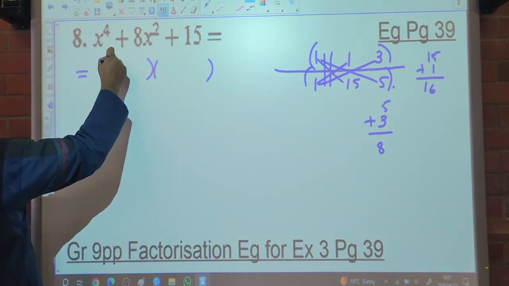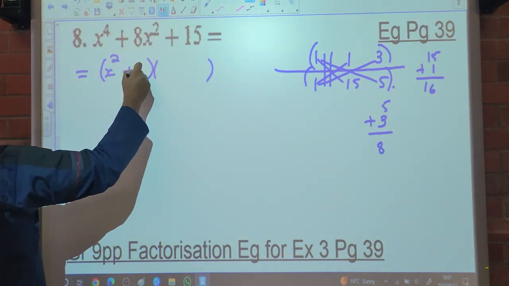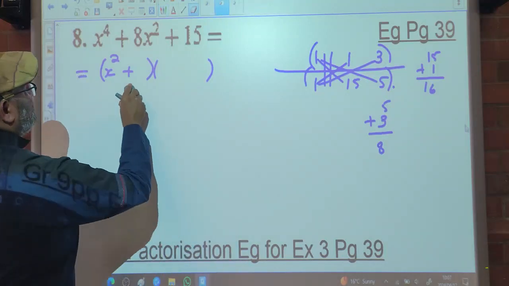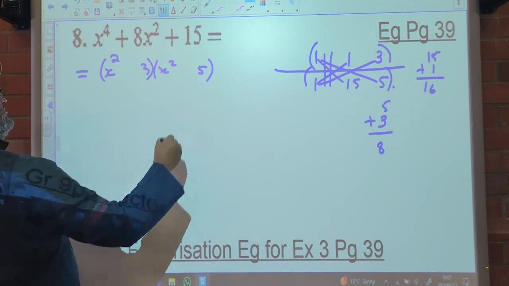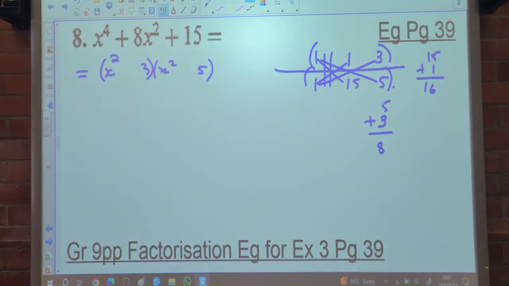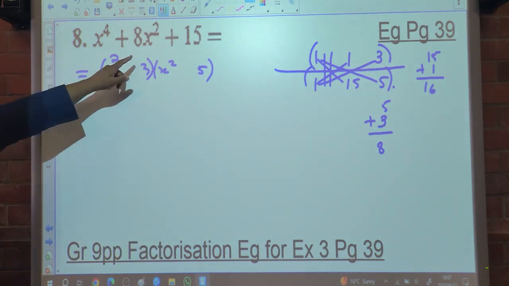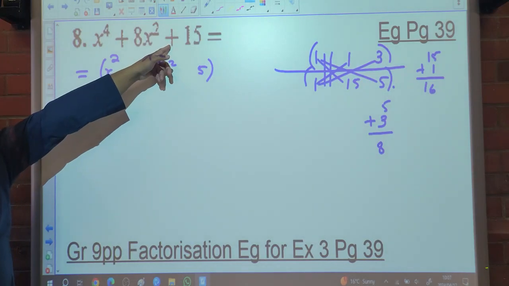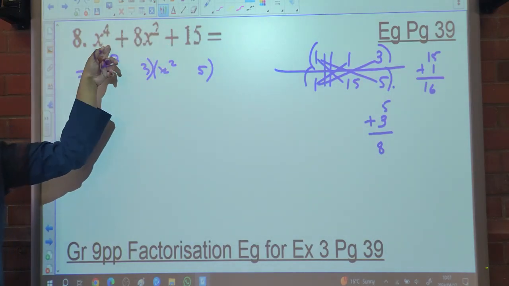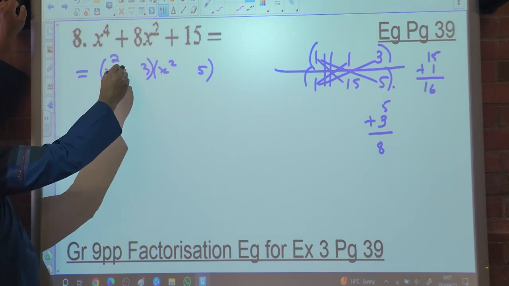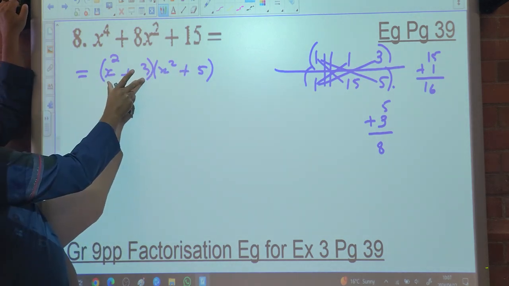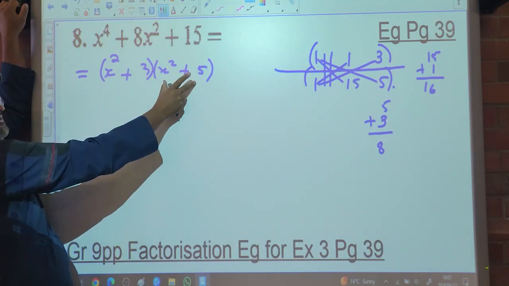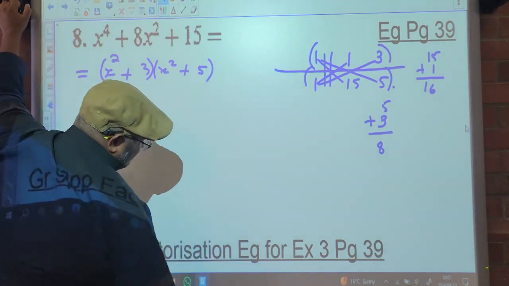So it's going to be x squared and a 3, x squared and a 5. What about our signs? Same signs or opposite signs? Same signs. And both are going to be the sign of the middle term, which is positive. Now, is there any factorization that can be done here? And there? So that's your answer.